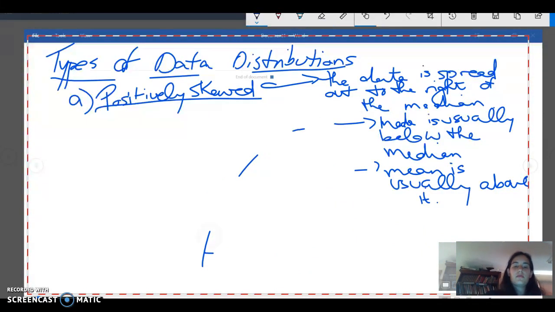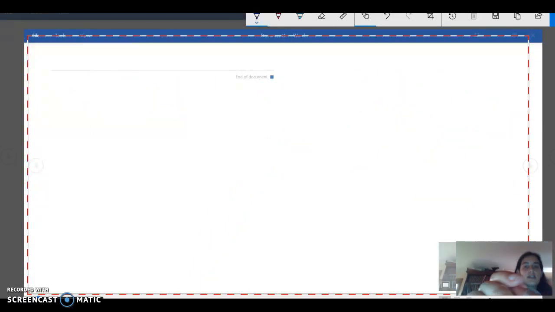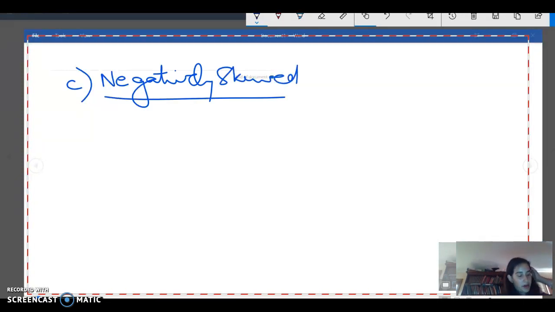Our next bit is, you guessed it, negatively skewed. Just go back, you're crying because you hadn't written it down. Negatively skewed. You might be able to guess, it's the opposite of positively skewed.